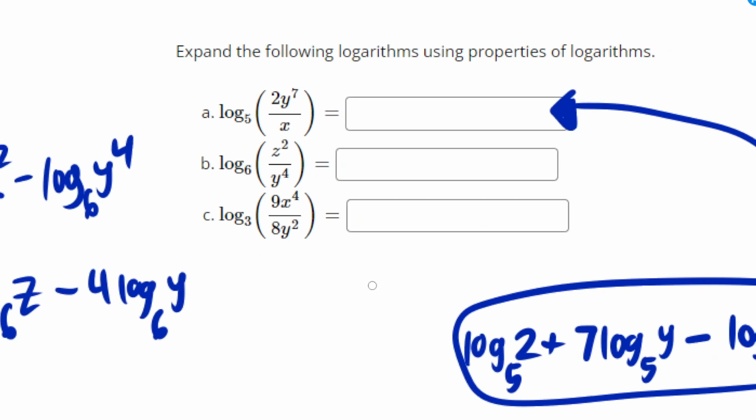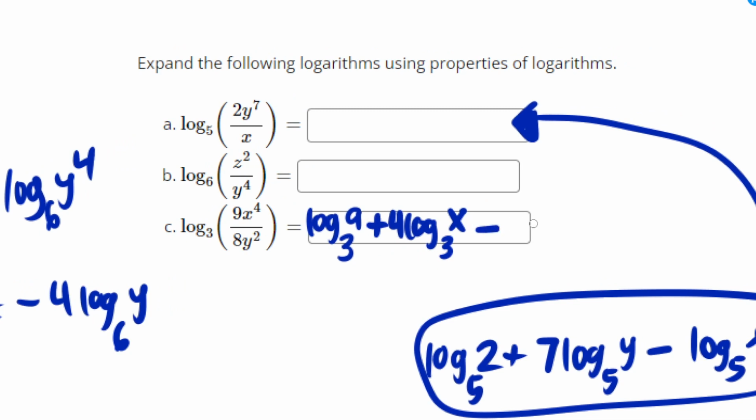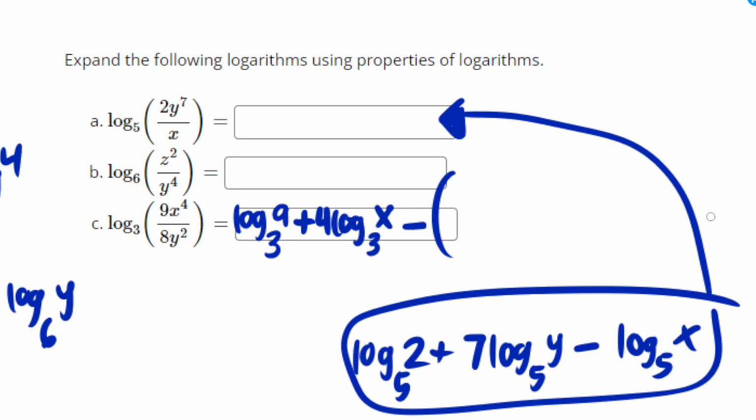And then for this last one, I'm going to do it without writing the steps down. For this first one, we'll have log base 3 of 9, and then plus 4 log base 3 of x, and then minus. Now I'm going to put parentheses over what comes next because that minus applies to all of them, and I just want to make sure that it applies to all of them.